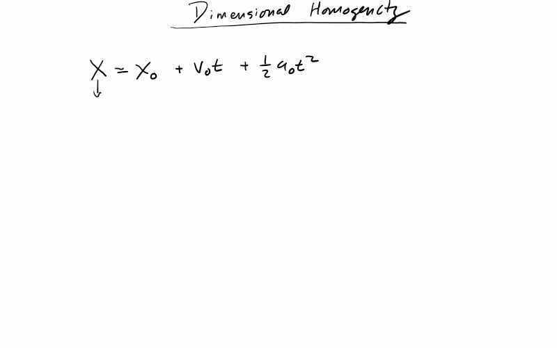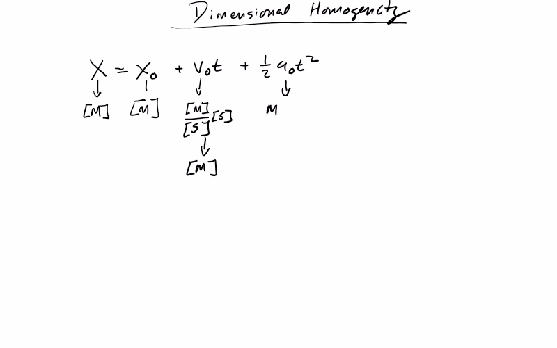Okay, so in this equation, I'm thinking about distance that has units of meters. X0 is distance, it has units of meters. V0 is velocity, it has units of meters per second. Time has units of seconds, which means this thing has units of meters. All right. 1/2 a0 t squared.